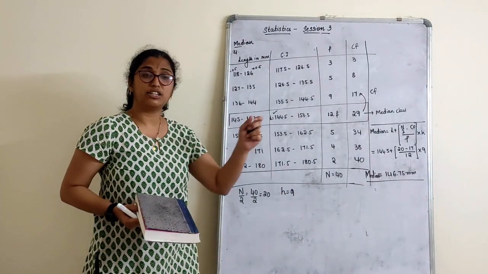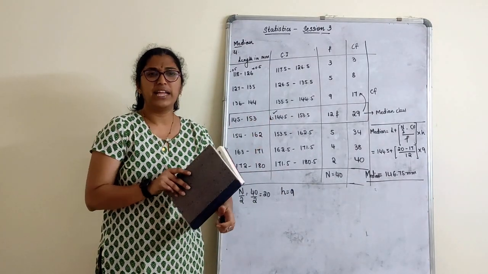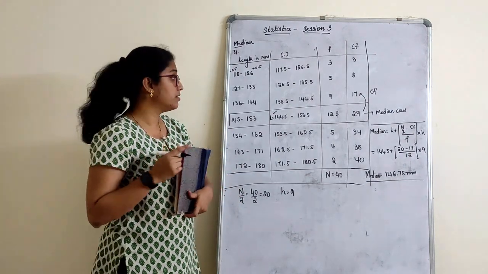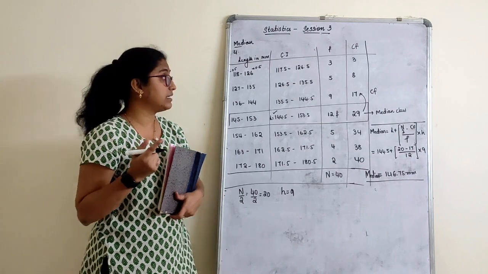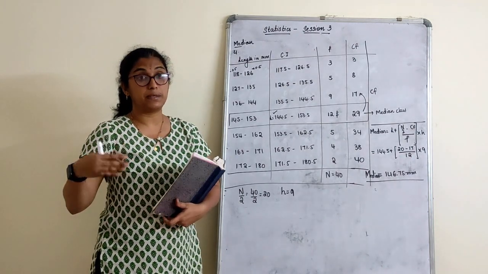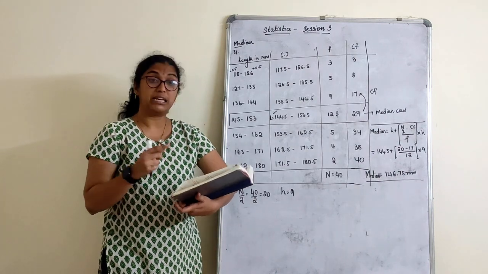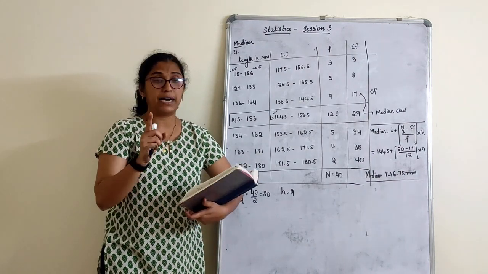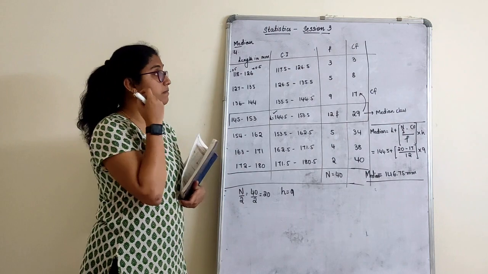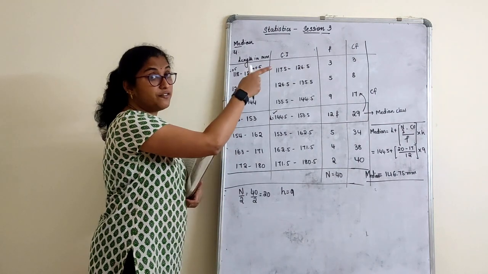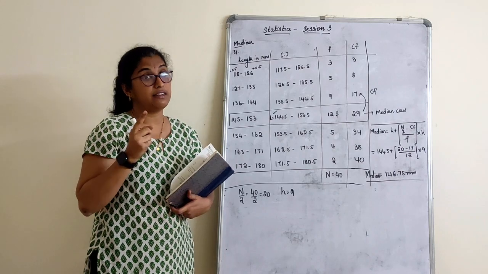So I just did a set of all 4 different sums. One where the usual thing was given. Second where an unknown thing is given, how to find median. Third, when below type is given, or less than type, it is the same thing. Less than 20, below 20, mark it. The only thing you remember, when below and less than is given, it is nothing but CF is given. For that you have to calculate frequencies.